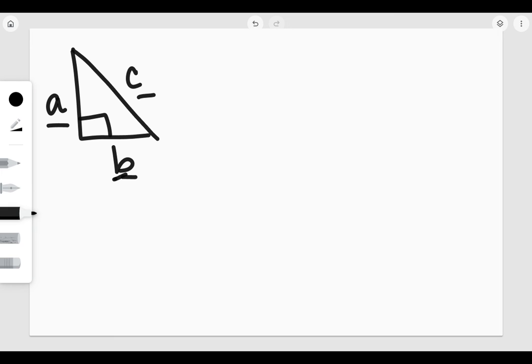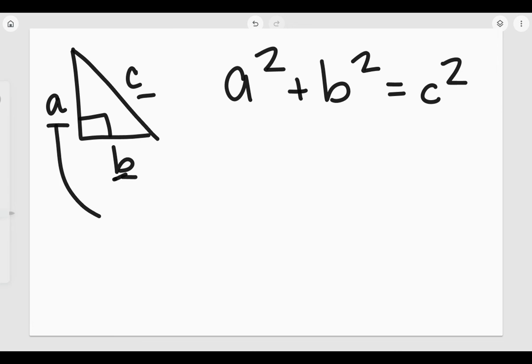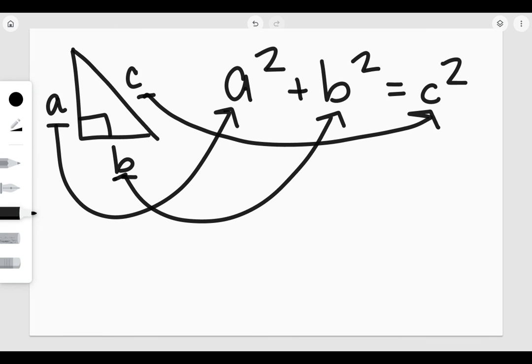I hope you now remember it: A squared plus B squared equals C squared. That is, the length of side A and the length of side B, when you square each of those side lengths, will equal the length of the hypotenuse squared, or C squared.